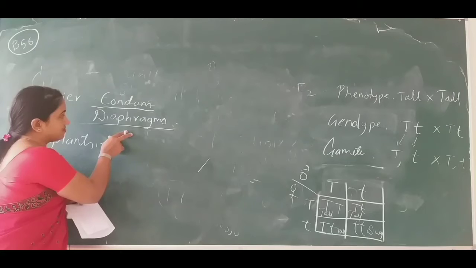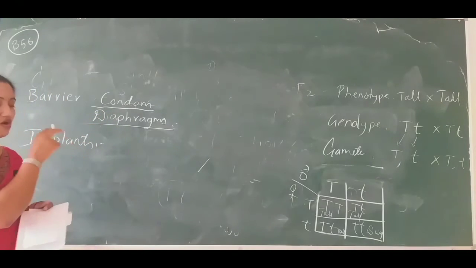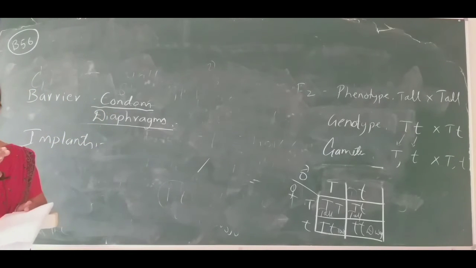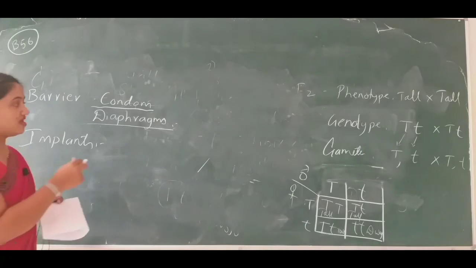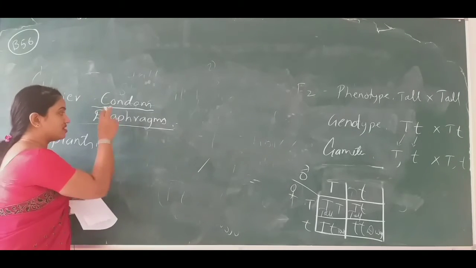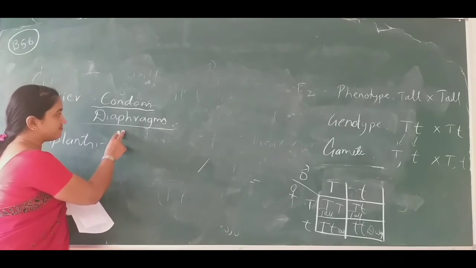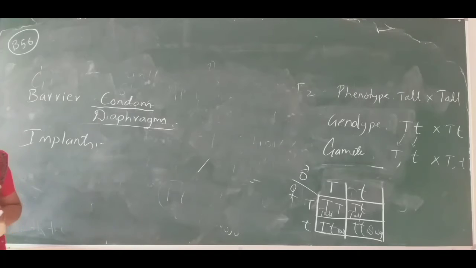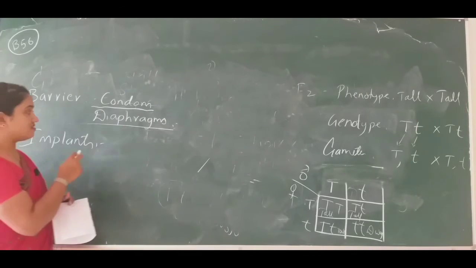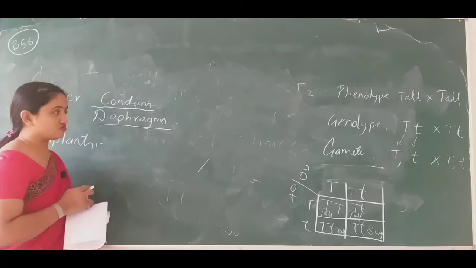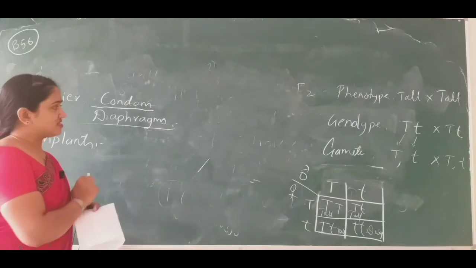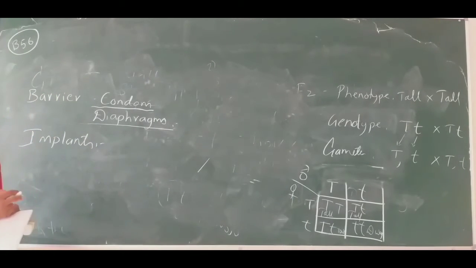In the diaphragms, spermicide jellies or creams are used to kill the sperm. And these diaphragms should be placed inside the female reproductive tract, a little bit inside the female vaginal canal.